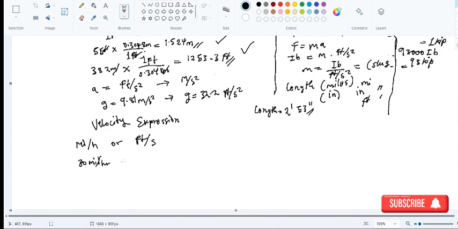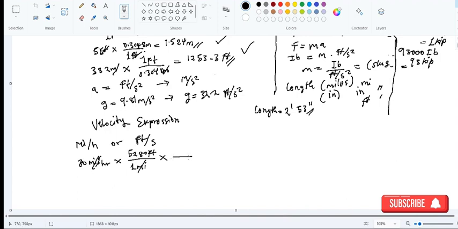All we need to do is take a look at the conversion rate. First of all, we want to convert this mile to feet, and we already know the conversion factor. We want our miles on the denominator, so we're going to have 1 mile equal to 5280 feet. The miles cancel out, then we'll be left with feet.